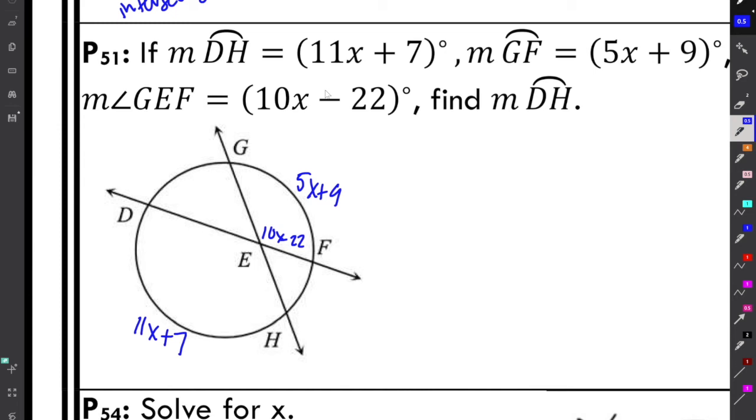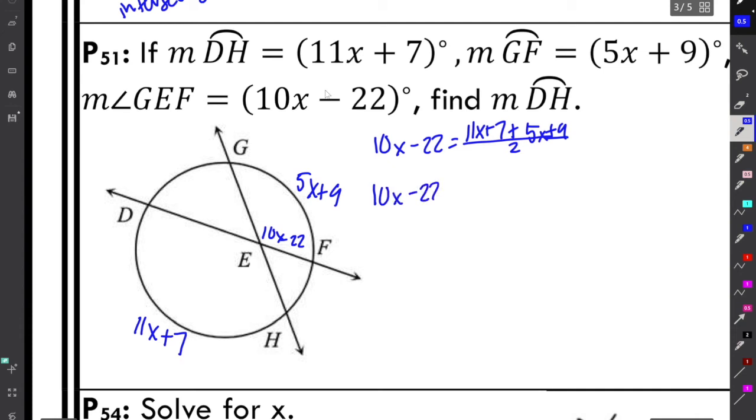The angle measure is going to be equal to half of the sum of the two arcs. So 10x minus 22 equals those two arcs, which are 11x plus 7 plus 5x plus 9, all of that over 2. I'm going to multiply both sides by 2 right now, okay? Actually, no, I'm not. We can do this.